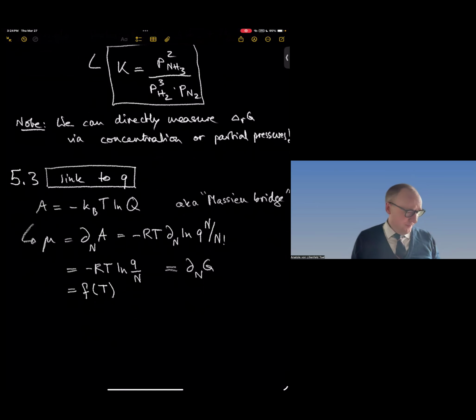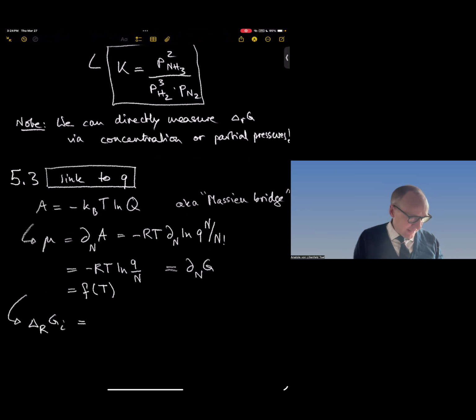In particular, something we could do is we write our reaction-free energy for some component, right? So there's a consequence.